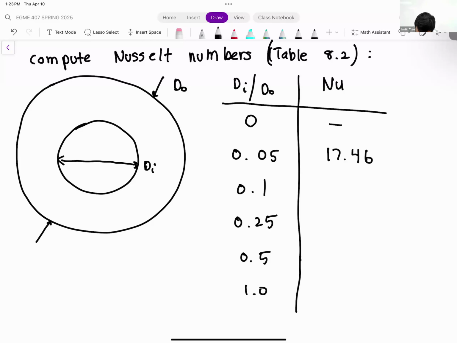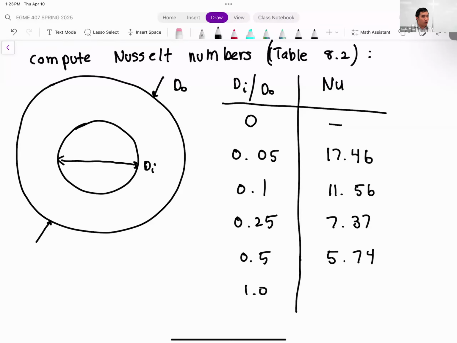Okay. For a ratio of 0.1, we have 11.56. For 0.25, we have a Nusselt number of 7.37. For a ratio of 0.5, we have a Nusselt number of 5.74. Okay.